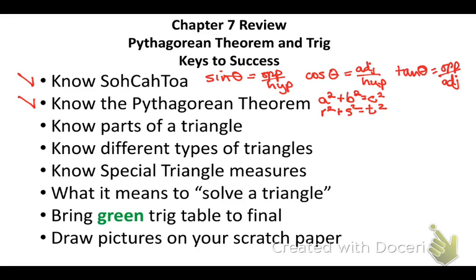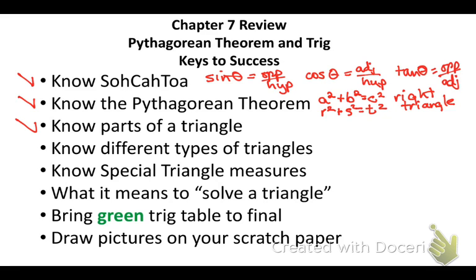But be able to recognize that when you add two variables squared, it equals the third variable squared if those are all part of a right triangle. Pythagorean theorem does not work on any other triangles but right triangles.